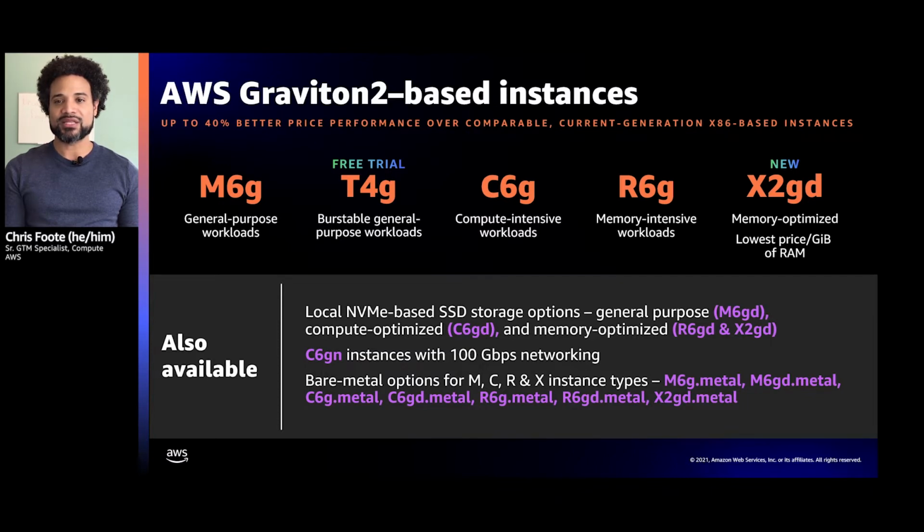And then last but not least, we have the memory optimized instances. And those offer the lowest price per gig of RAM. For the M's, the C's, the R's, and the X's, we also offer SSD-based storage if you need perhaps a lot of local storage to power your applications. And for those same instance types, we also offer bare metal options as well. So you have a variety of different types to choose from, and it offers you increased flexibility compared to the first generation Graviton instances.